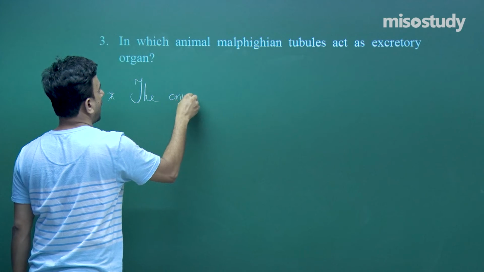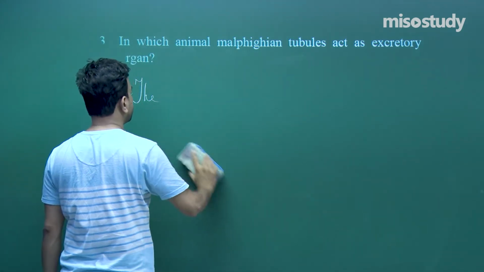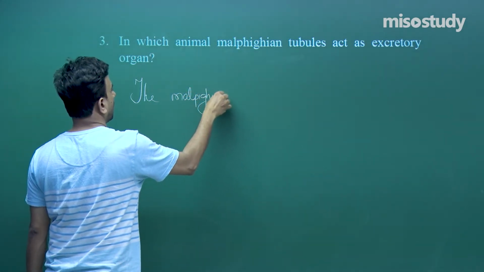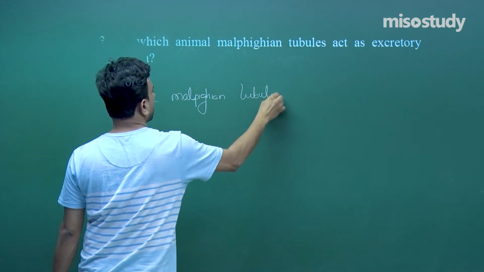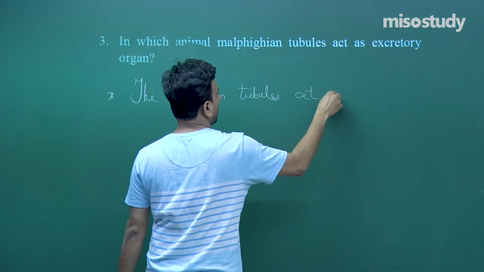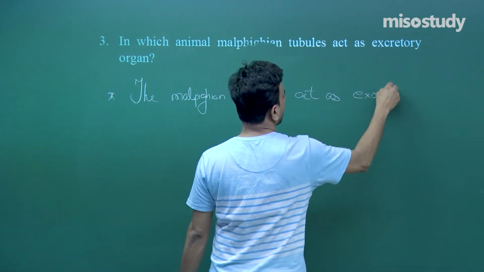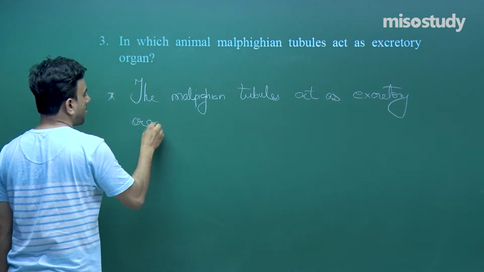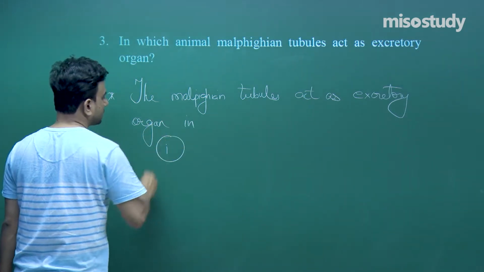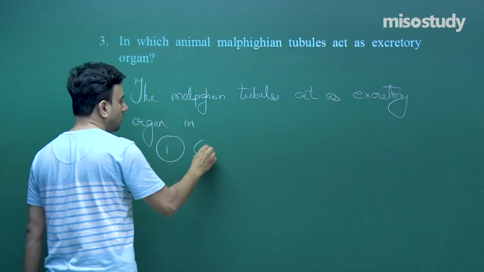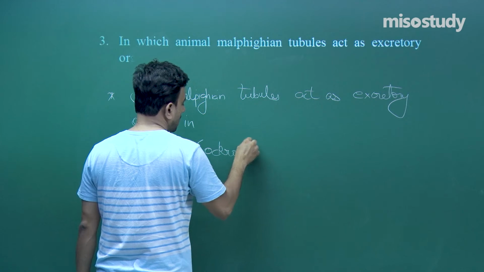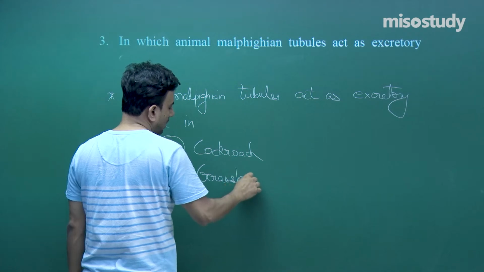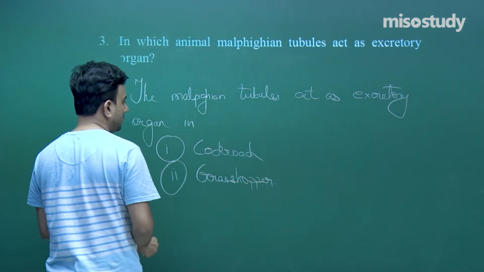The Malpighian tubules act as excretory organs in the cockroach and the grasshopper, right?